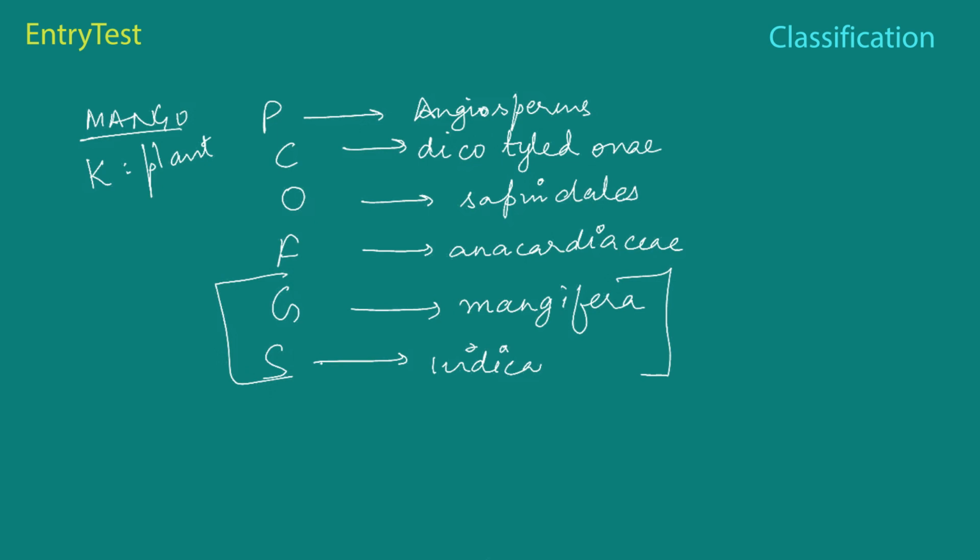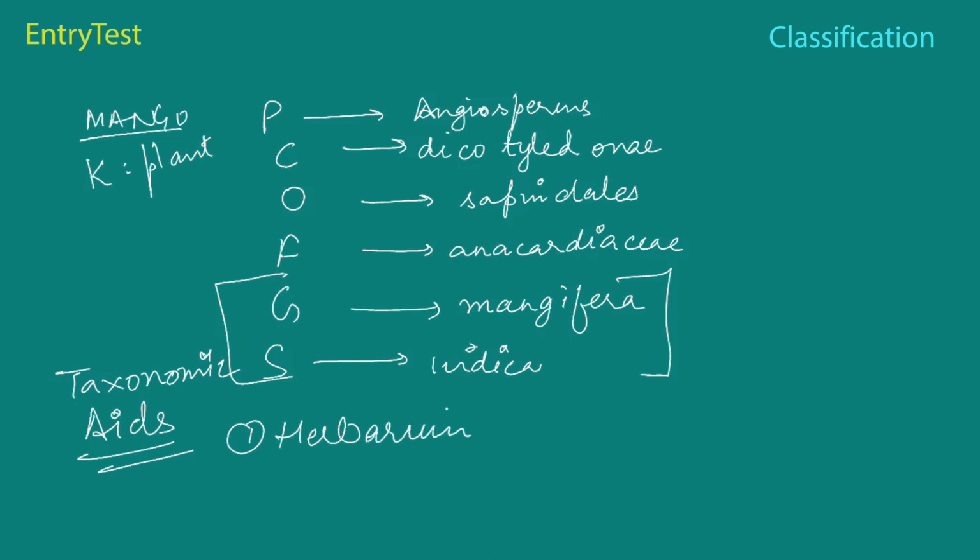Alright, and how exactly are these things documented? There are lots of aids or assistance given to classify these animals and plants into different categories. So we need a proper process for that. These are all biological aids, the taxonomic aids to be precise. For instance, you can have a herbarium where leaves or different parts of a plant are stored. They're preserved for a long time, and lots of cupboards and stored specimens are there.